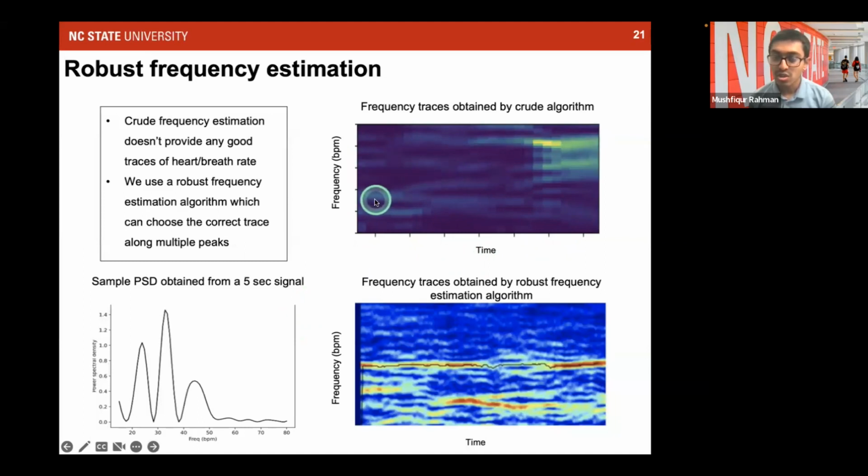But we still need more work, because the traces should be temporally smooth, since heart rate or breath rate does not change instantaneously. So we need to take this into account, and we have to use a robust frequency estimation algorithm to get the traces from this spectrogram.